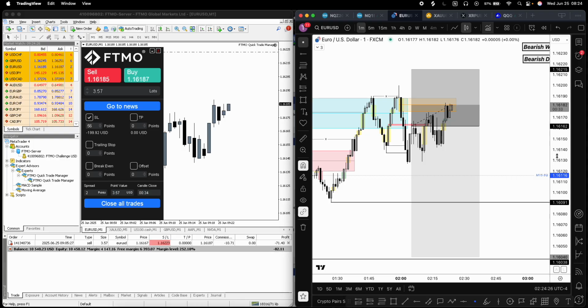Still rejecting off that midpoint. Got a feeling it is gonna break above it. Okay. So decent, strong bearish reaction off the midpoint. That's good. It's very good.